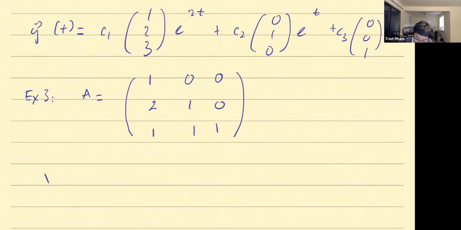So now the eigenvalue has multiplicity 3. Let's see how many eigenvectors we have. When lambda equals 1, we get 0 0 0, 2 0 0, 1 1 0.